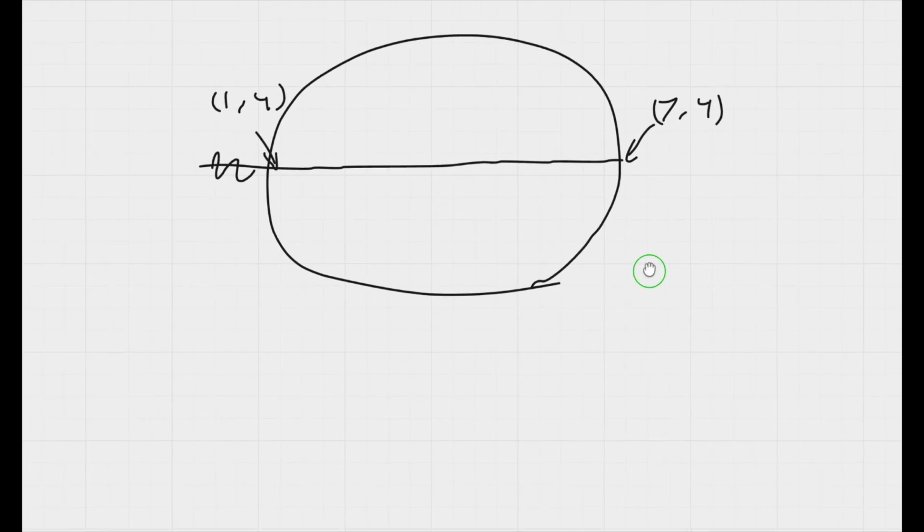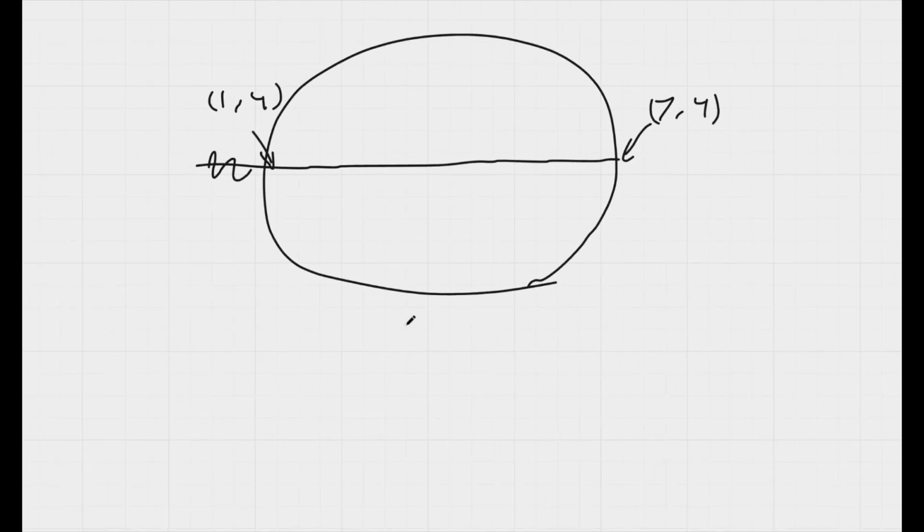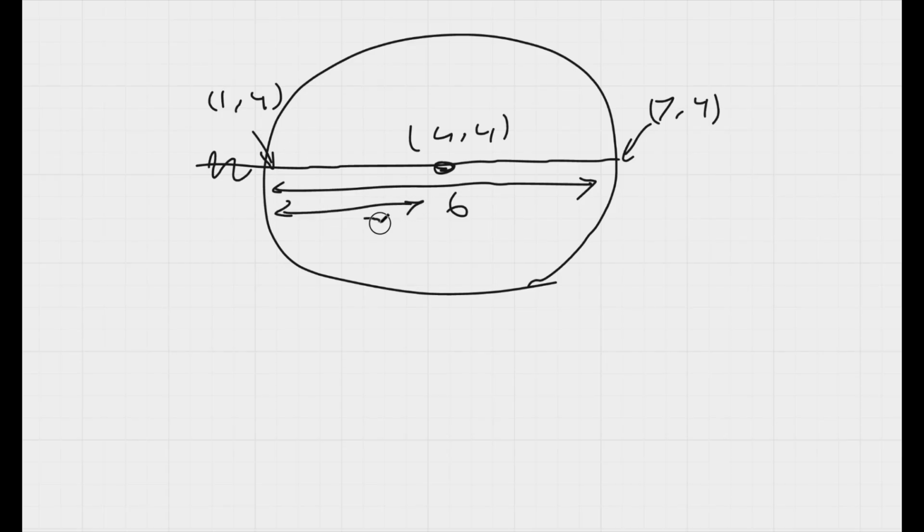It wants us to find the equation of the circle in the form (x minus a) all squared plus (y minus b) all squared equals r squared. So let's go. First, find the center, which I don't think you even need to do any calculations for, because it's just (4, 4). The diameter length is going to be 6, so the radius is going to be 3.